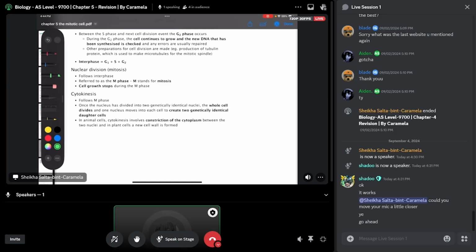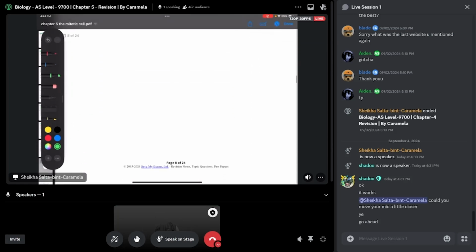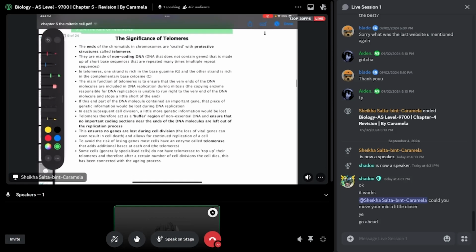And in a plant cell, a new cell wall is formed, which separates the cells. Make sure to learn all the details, because it's very important to know details for each step.